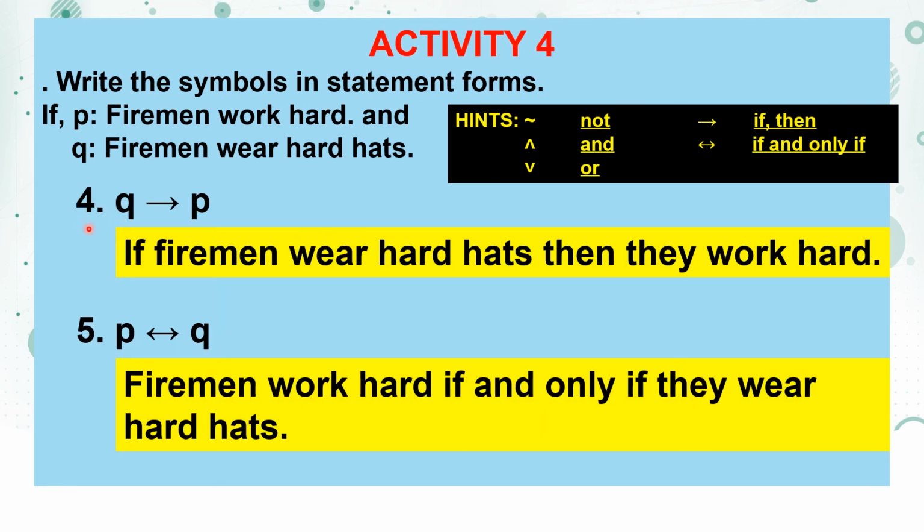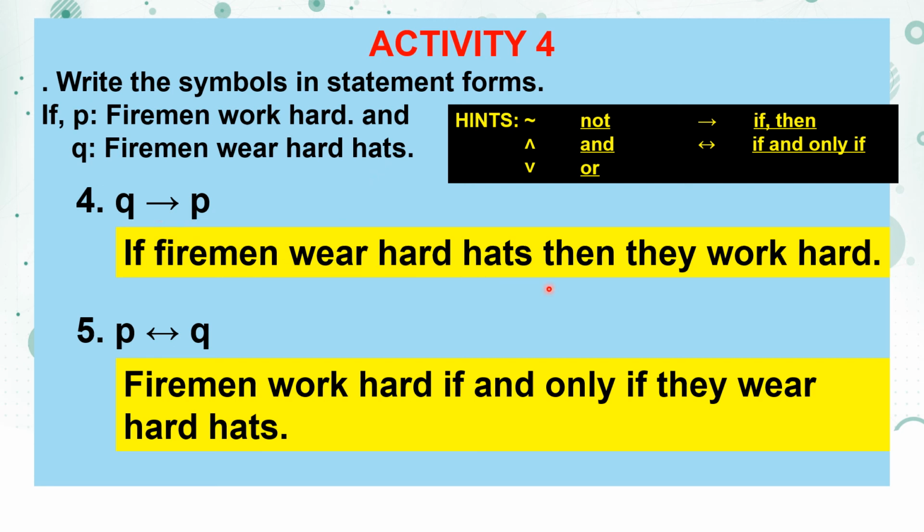Number 4. So we have this symbol. Ang keyword sa symbol na to ay if, then. So we can read these symbols as if Q, then P. So if, write the word if, our Q is firemen wear hard hats. So just copy firemen wear hard hats.